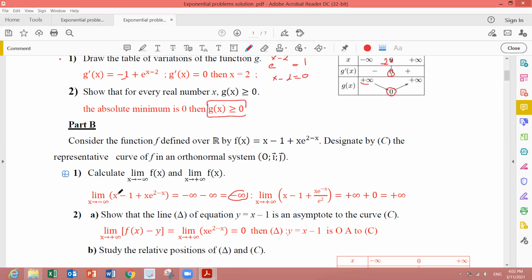Now limit as x tends to plus infinity. This one becomes plus infinity, plus infinity times 0, indeterminate. We bring the exponential down: this is not correct. It will be x over e power x minus 2. We apply L'Hospital's rule.